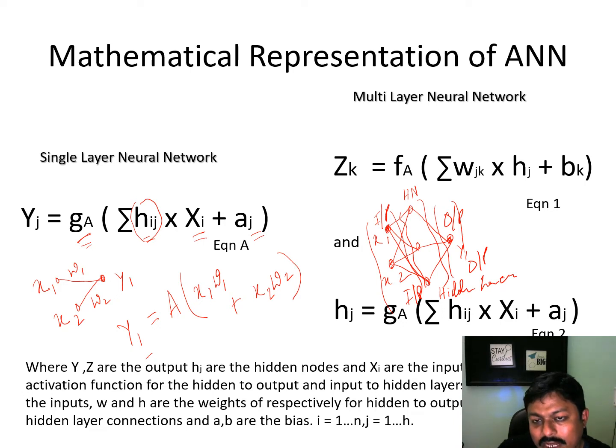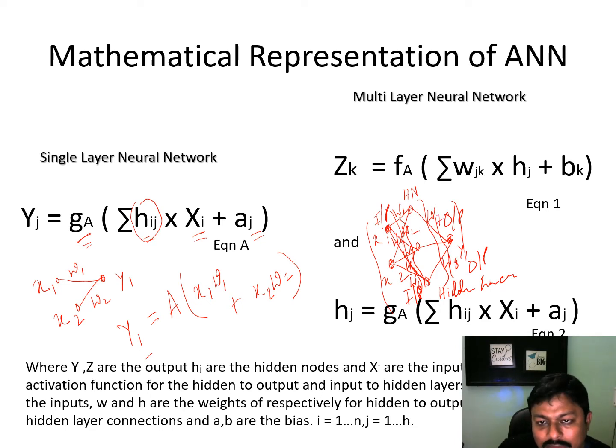Now if I assign weights to each of these connections, suppose this will be our W1, then W2, W3, then this will be W4, W5, W6, and let it be W7, W8.